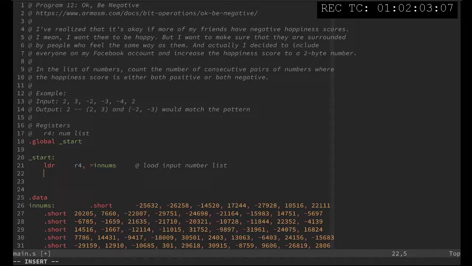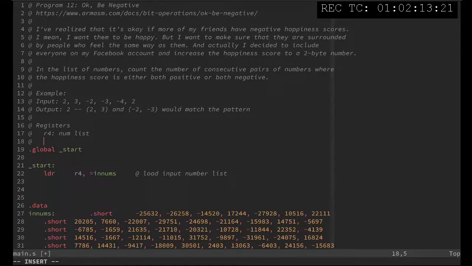After this, what we need to do is we need to have a place to count the number of groups, the number of times that we have two numbers that have matching signs. And so we'll put that in register 5, because it's the next one. And again, I'm going to initialize this even though you technically don't have to.